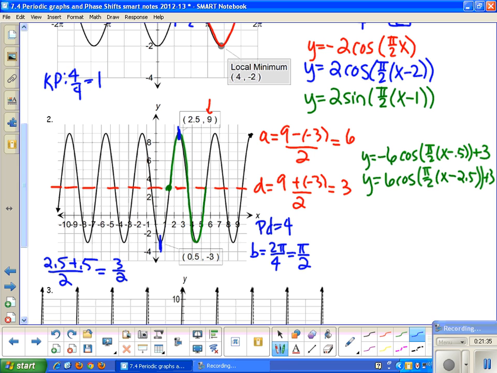So that would be 1.5, so that's the value that I can use. So if I shift this graph over this little distance right here to here, it would be 1.5 to get to that point. And I would have a sine graph that would be positive because it's going up first.